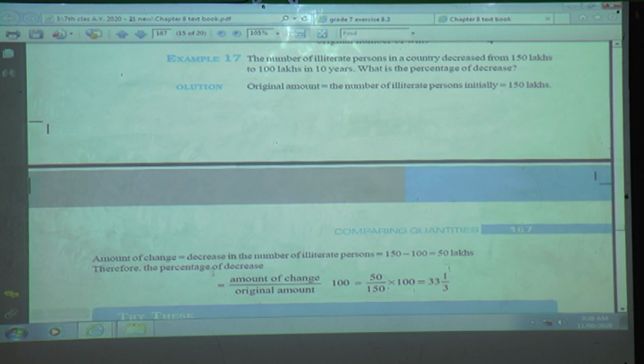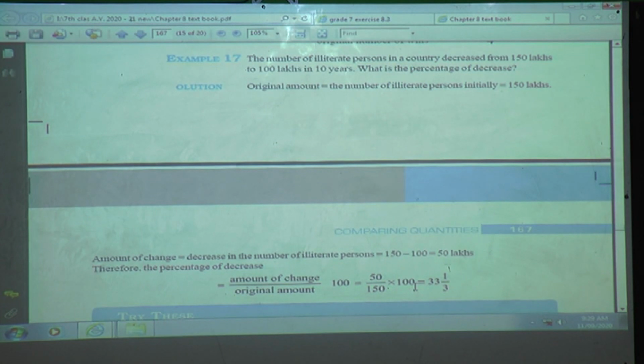Therefore the percentage of decrease is equal to the amount of change upon the original amount. So what is the amount of change? Here it is 50 upon 150 multiplied by 100, because we are going to find it in percentage, so we have to multiply by 100.